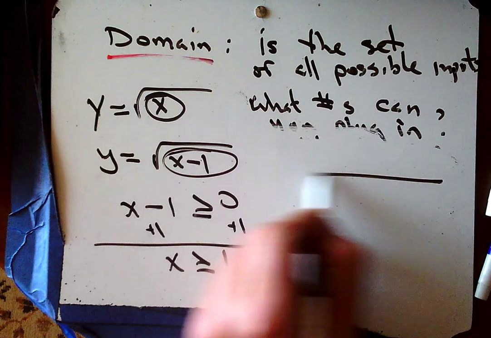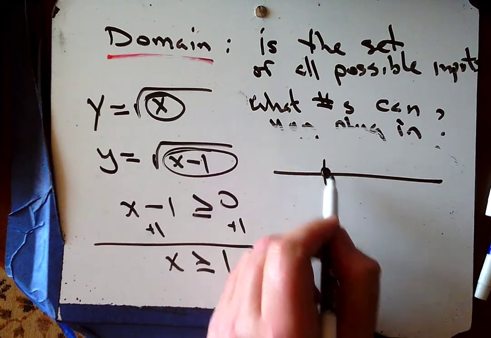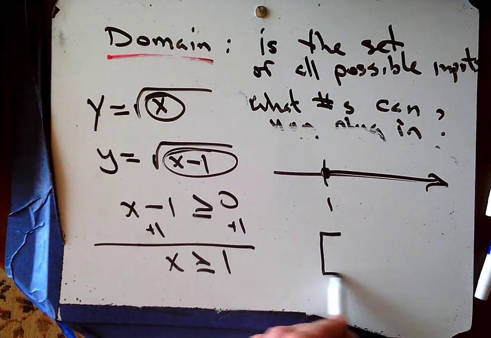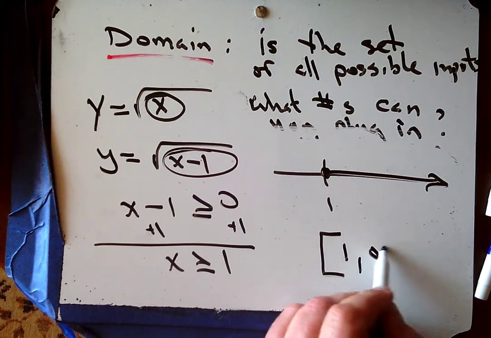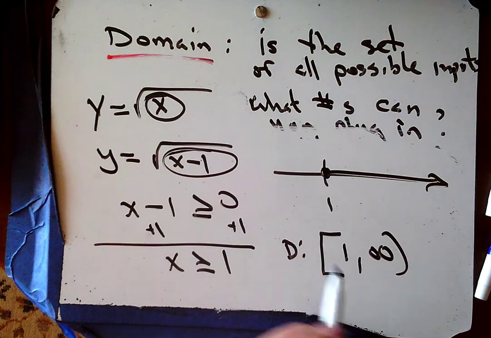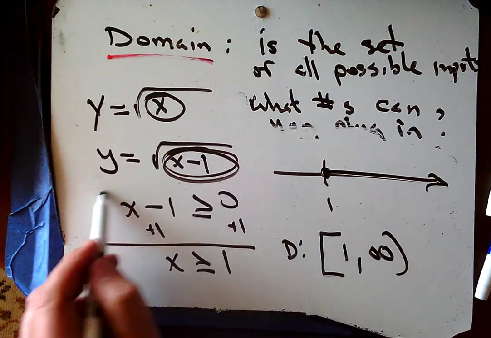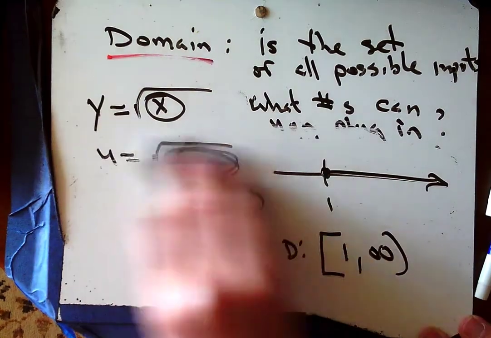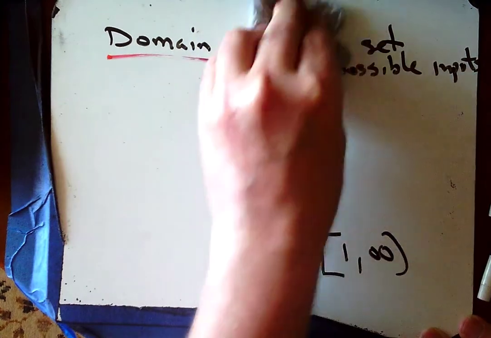So, on my number line, 1 is included, and so are all the numbers bigger than that. So, I'm going to have a domain that looks like this. I can take what's under the radical and set it greater than or equal to 0 to help me figure out what the domain should be. So let's practice doing that.